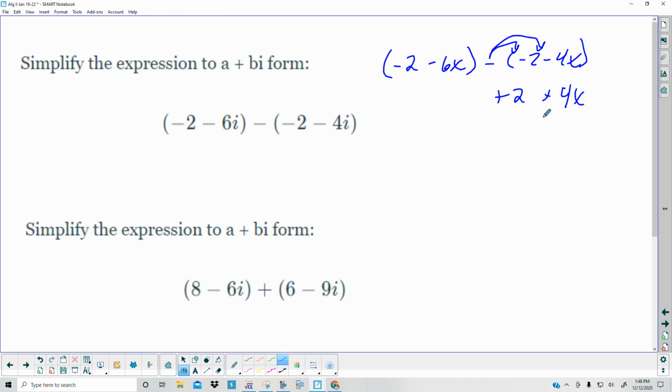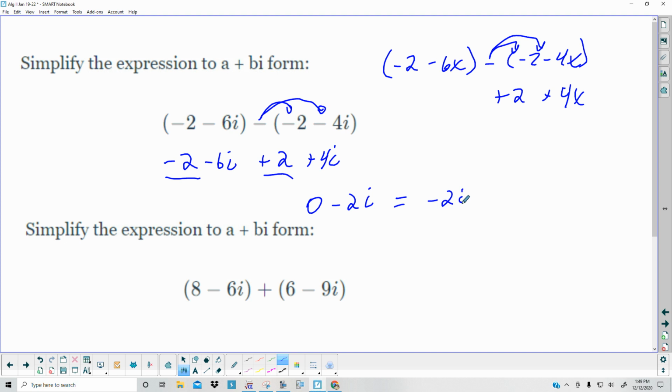I know we usually write x's first, but I'm just saying, distribute this in, and you get negative 2 minus 6i plus 2 plus 4i, and now collect like terms. Negative 2 plus 2 is 0, minus 6i plus 4i is minus 2i. Okay, so 0 minus 2i is probably the best answer, but negative 2i is just fine.